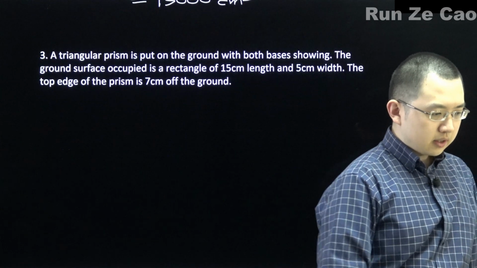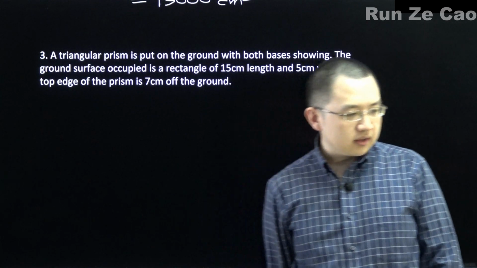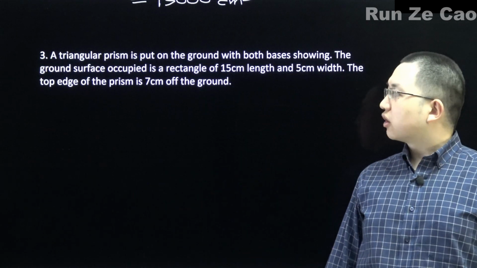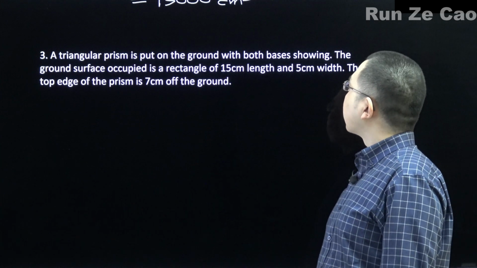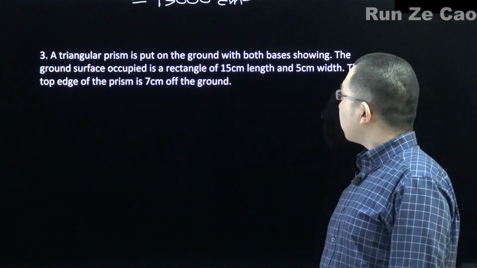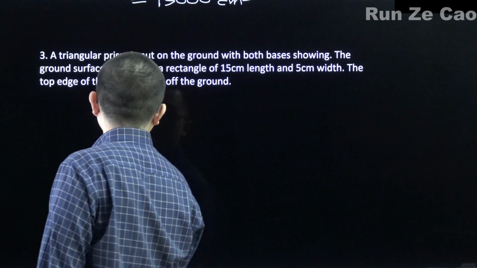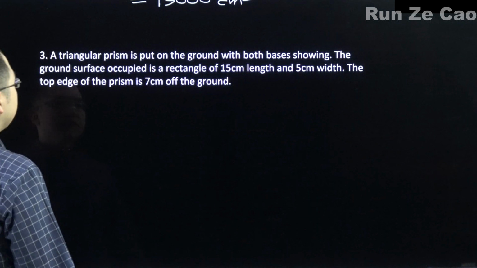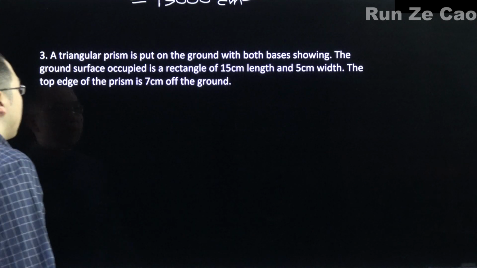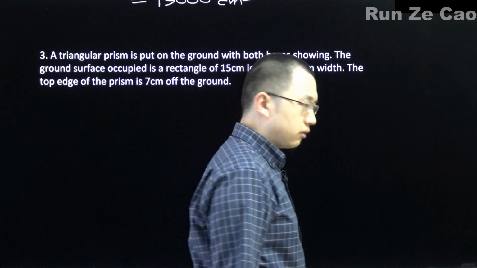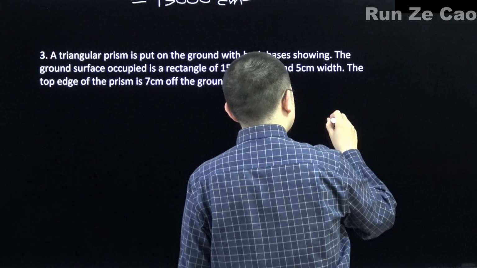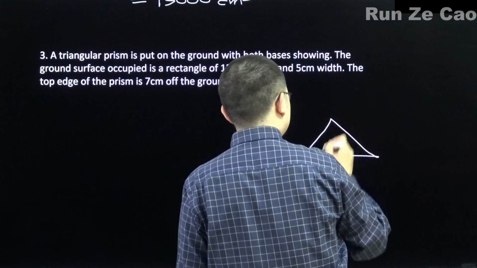A triangular prism is put on the ground with both bases showing. So in other words, it's put down on one of its rectangular faces. The ground surface occupied is a rectangle of 15 centimeters length and 5 centimeters width. The top edge of the prism is 7 centimeters off the ground. What does this tell us? This tells us that if we look at it from the side, it looks like this.